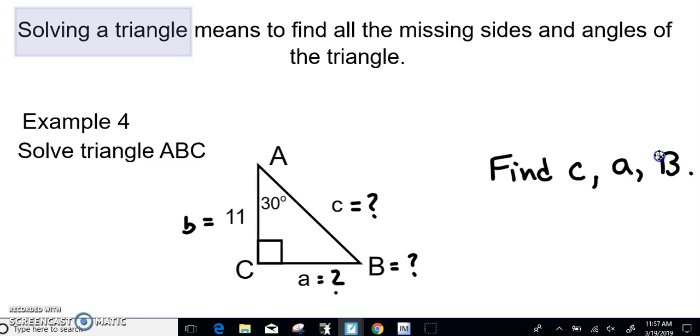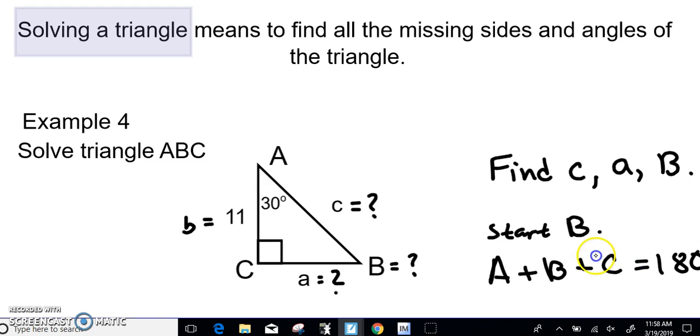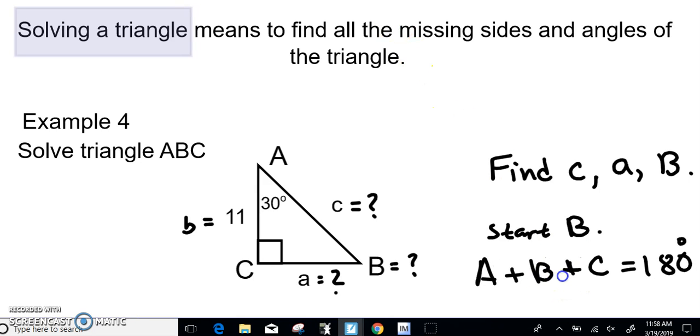But again, to do things easy, we're going to start with angle B. And again, we said that if we do angle A plus B plus C, it should equal 180 degrees.